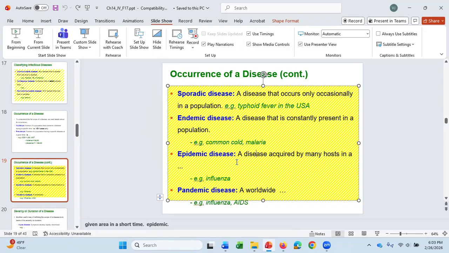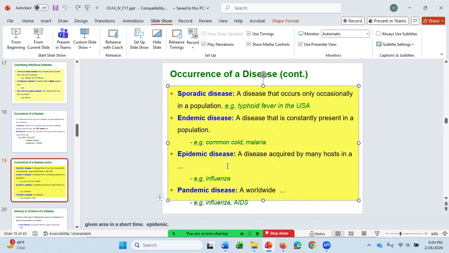But since the end of the pandemic, the flu has rebounded, come back, and we've not had an epidemic yet. But some year we will, where it'll be significantly greater than usual, and then we call it an epidemic.